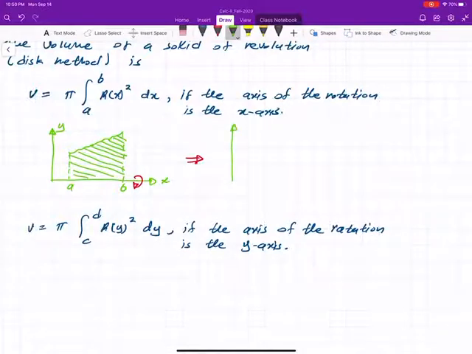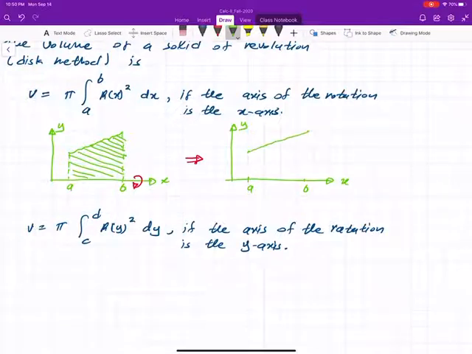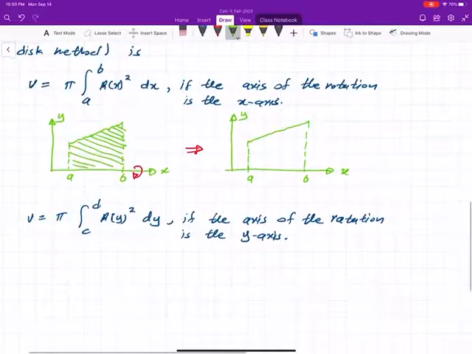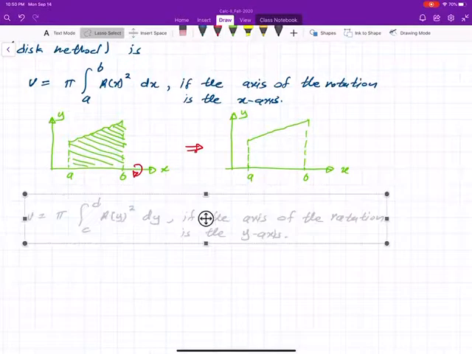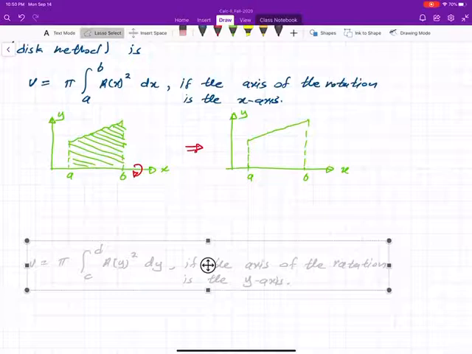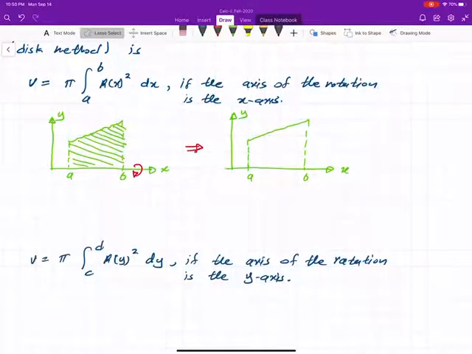This is the same y-axis, that is the x-axis, that is A, this is B. Once you rotate this one about the x-axis, what you get is something like this.